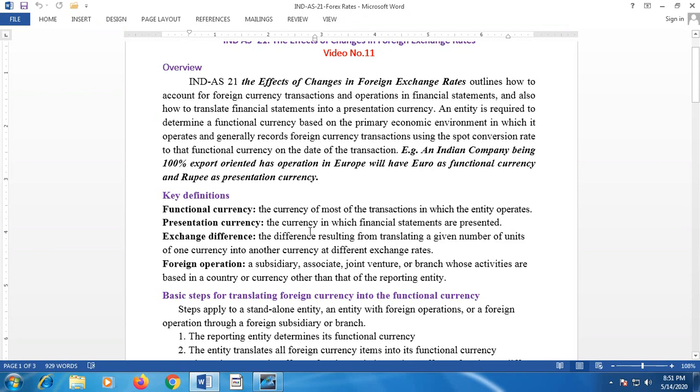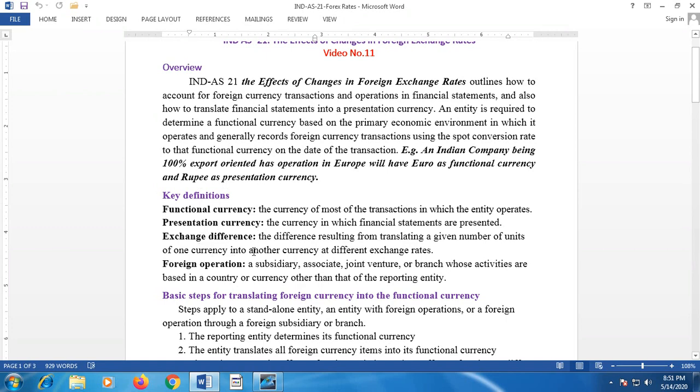Presentation currency: the currency in which financial statements are presented. After recording the transactions in functional currency, the same has to be presented in the form of financial statements using the presentation currency. In the example, the Indian company has to present the financial statements in rupee, so rupee will be the presentation currency.